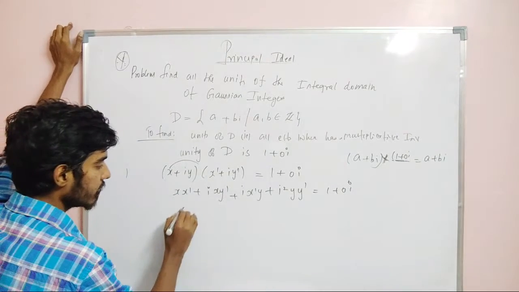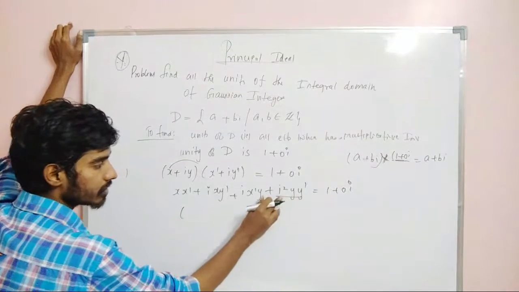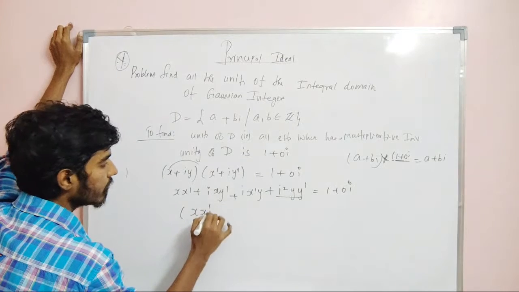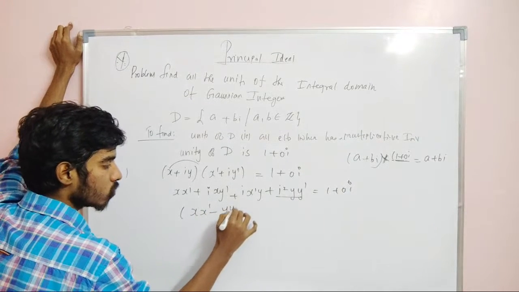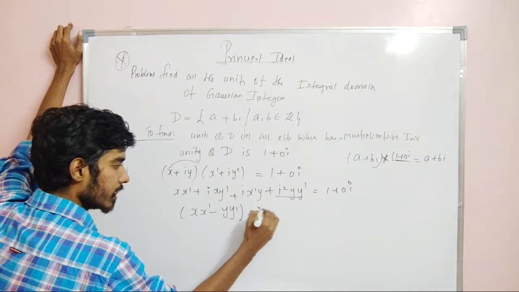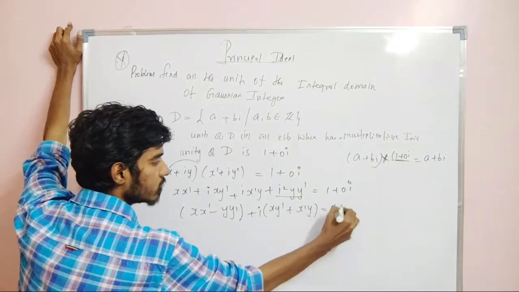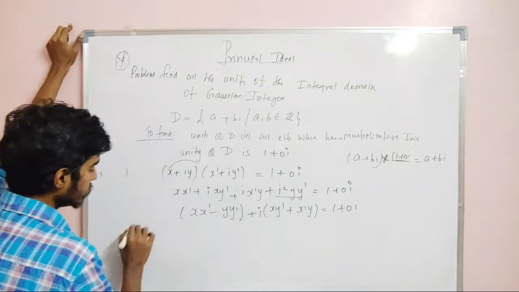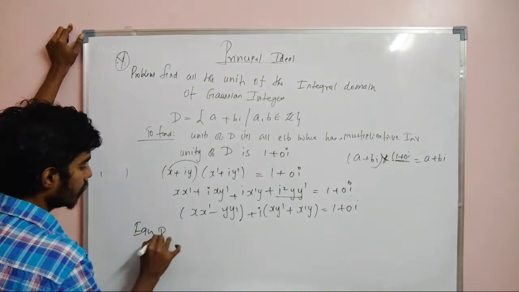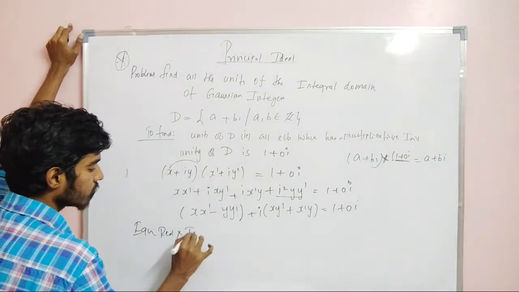Since i squared is minus 1, the real part is x x dash minus y y dash. Taking i common, the imaginary part is x y dash plus x dash y. So we equate the real and imaginary parts.